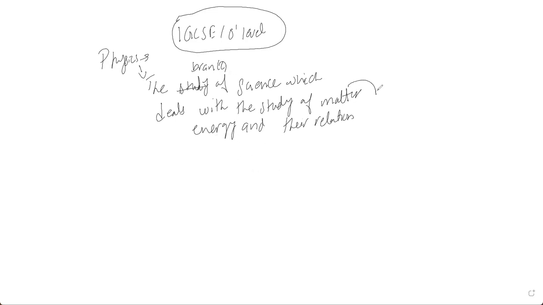Let's see what matter and energy is first. Matter is anything that occupies mass and space. And energy is that which gives you the ability to do work.